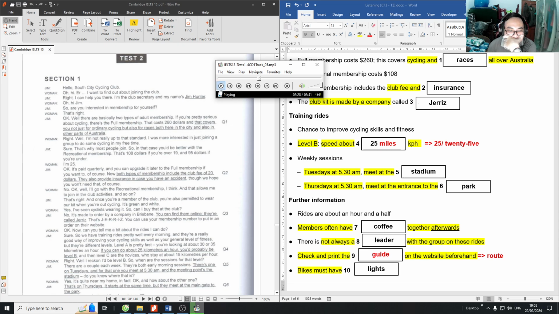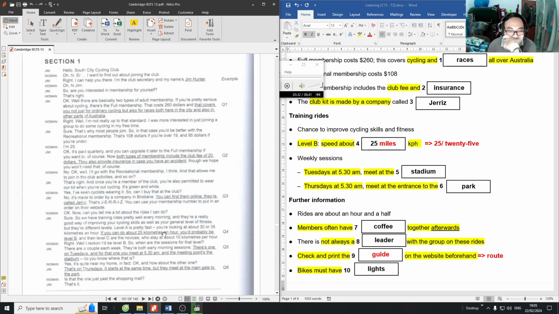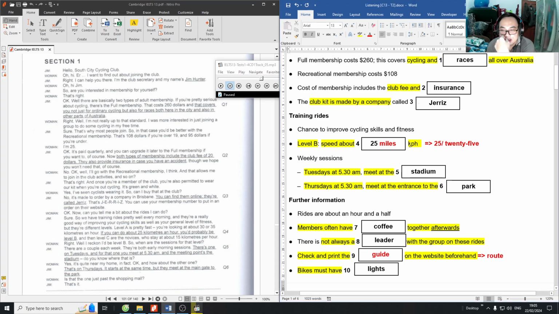That's $108 if you're over 19 and $95 if you're under. I'm 25. Oh yes, it's kilometres per hour. Yeah, I'm stupid, man. Wait, what? Do the British use kilometres or miles?